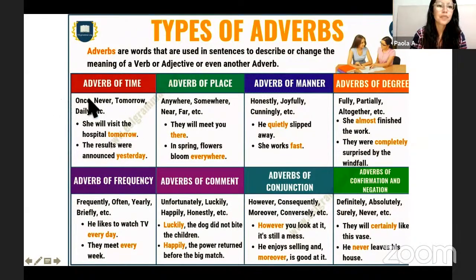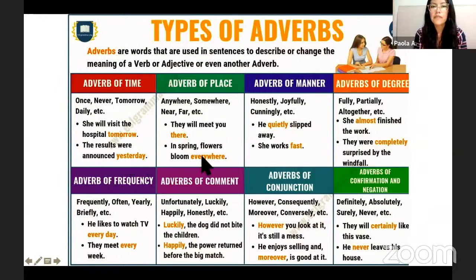So we don't concentrate on the noun or a thing, we concentrate on the action. As you can see, we have many different types of adverbs. Well, I'm going to repeat them all, and then we're going to just repeat the ones that we're going to see today, all right? Adverbs of time are related to time, obviously: tomorrow, yesterday.